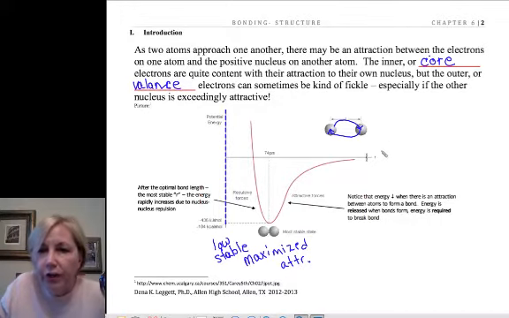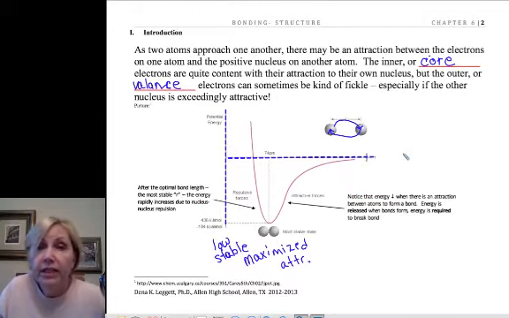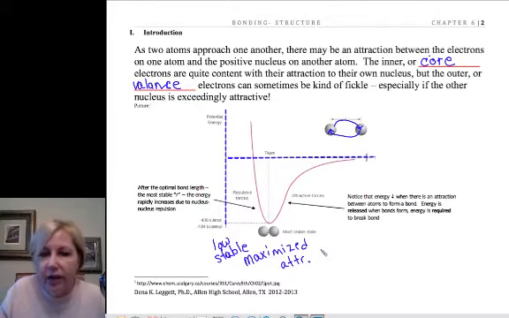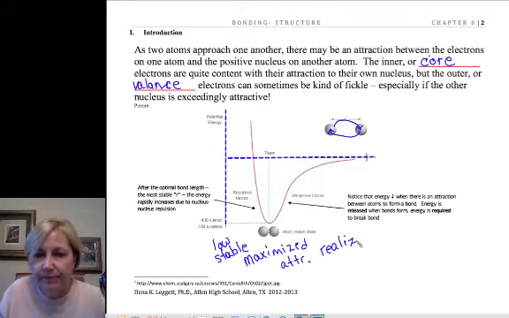So out here in this axis is our distance between the two atoms. Okay, and out here we have a higher potential energy because they haven't really come close enough to be attracted yet. So that potential for attraction has not been realized. Down here we have realized potential.